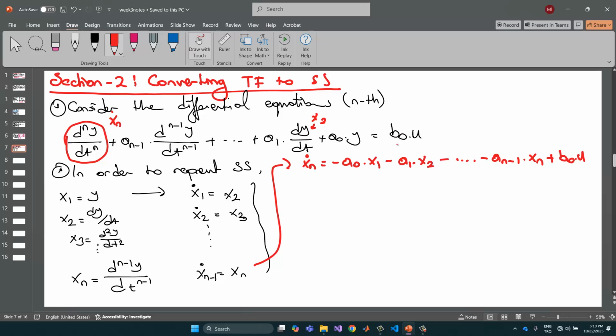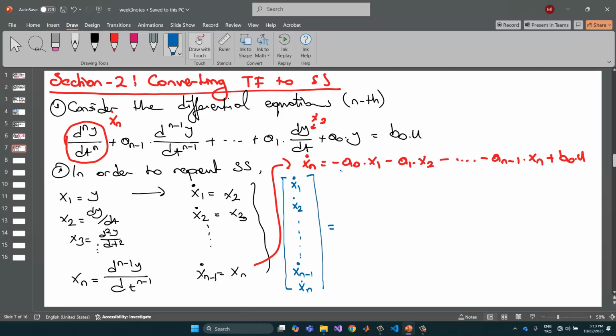Okay, and so how can we write the state space form? x dot is equal to Ax plus Bu in here. Just help me. Yes. And so we have this vector: x1 dot, x2 dot, and so on, xn-1 dot, xn dot, right?